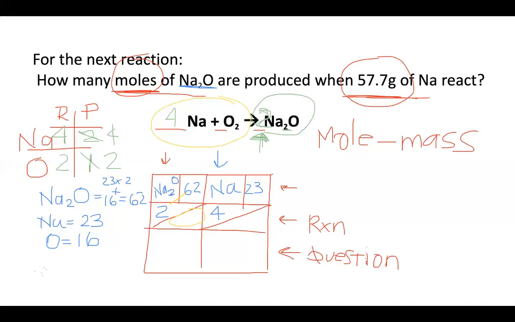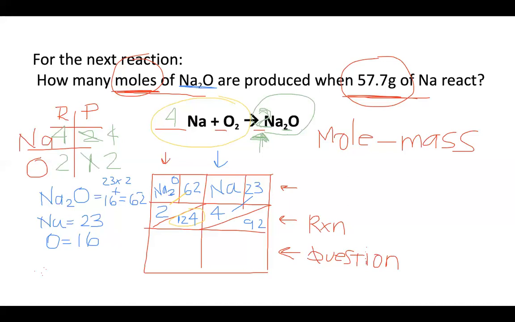So if we multiply 62 times 2, we get 124. The same here, 23 times 4, we get 92. So now we have the grams of sodium oxide and the grams of sodium in our reaction.